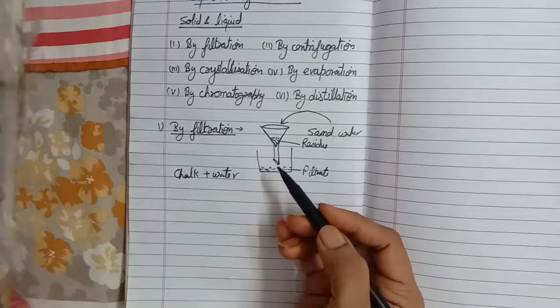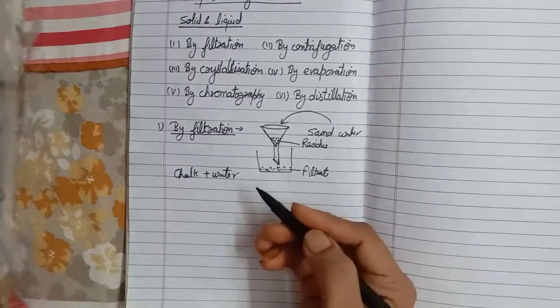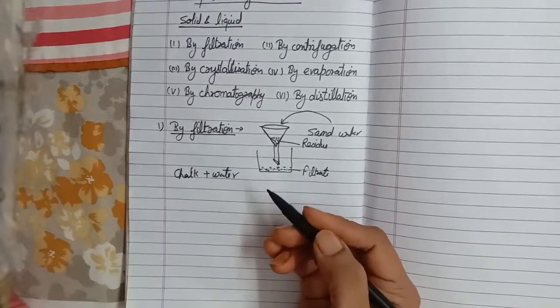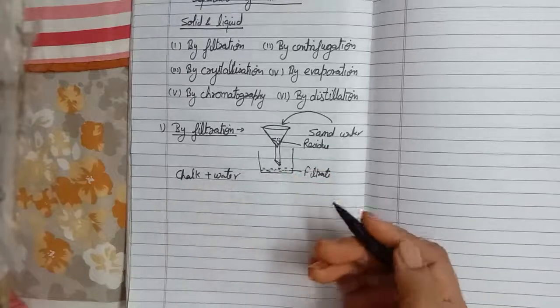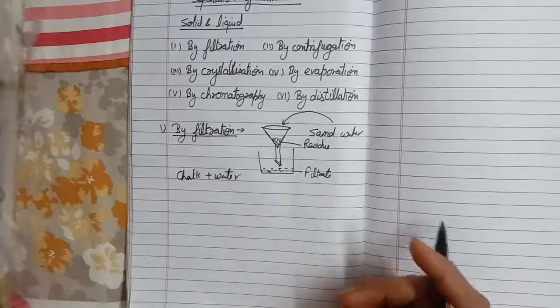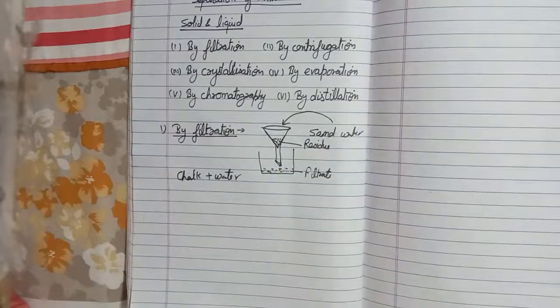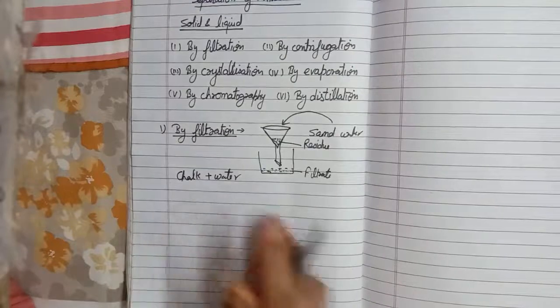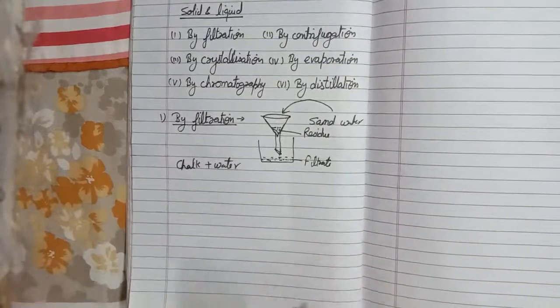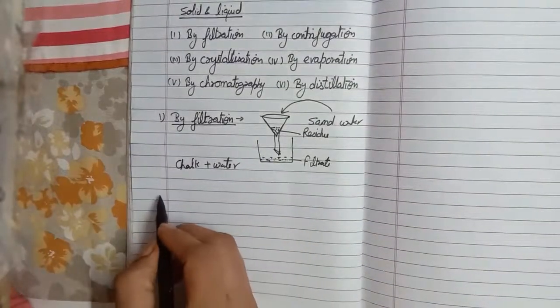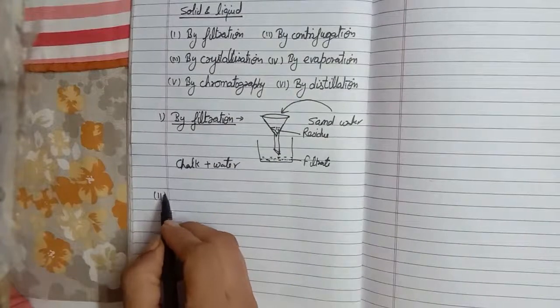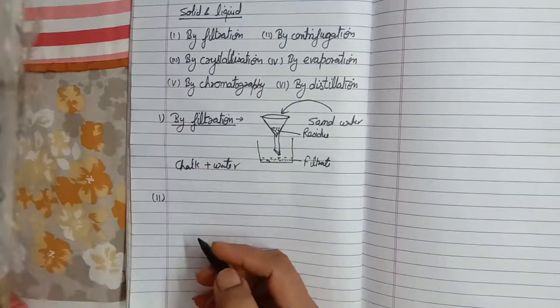Again, a common example of filtration is when your mama filters out tea and separates the tea leaves from prepared tea. So by filtration we can separate different mixtures of solid and a liquid. The first method is by using the filter paper, that is filtration.